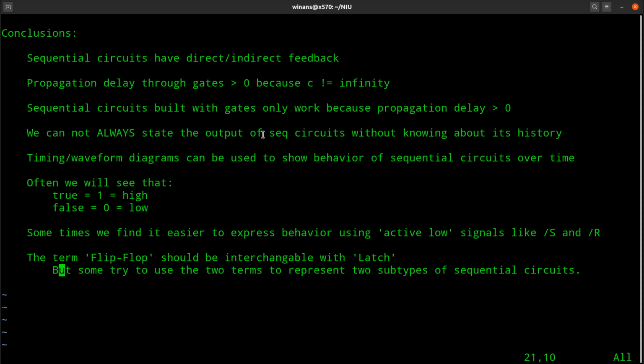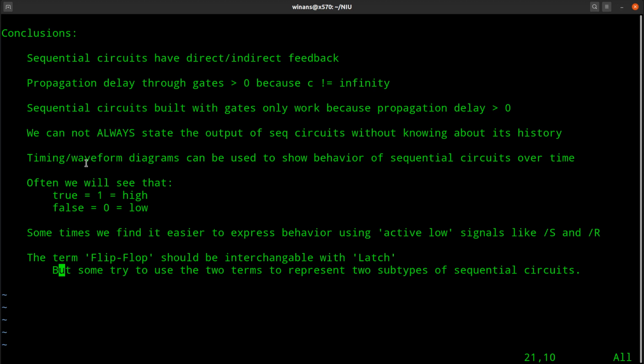In a sequential circuit, you cannot necessarily tell me what the outputs are going to be unless I know its history. As we saw, there are some circumstances with an RS latch where you can tell me the current output without knowing its history, but you cannot always do that, okay?